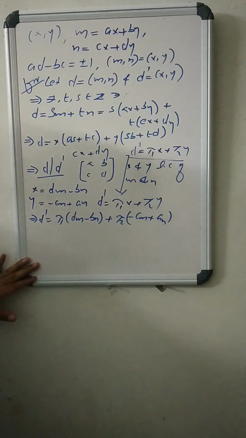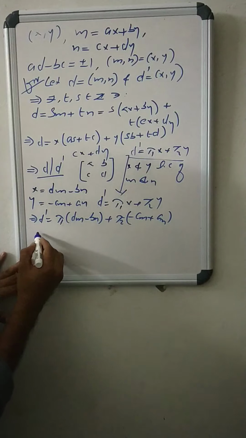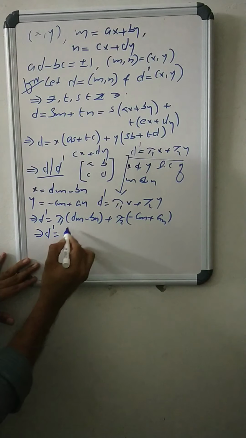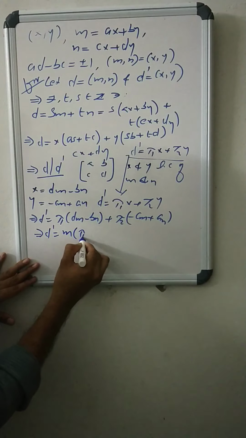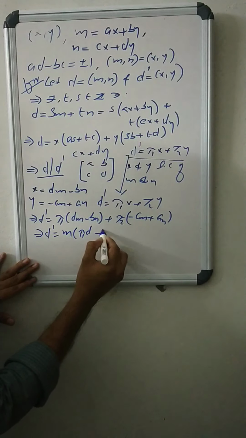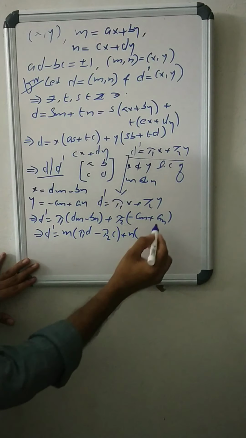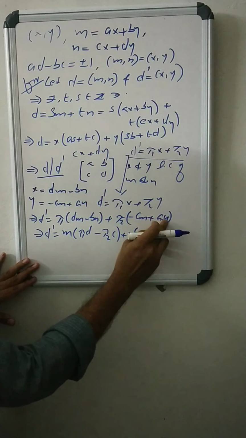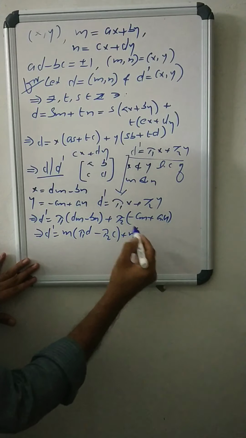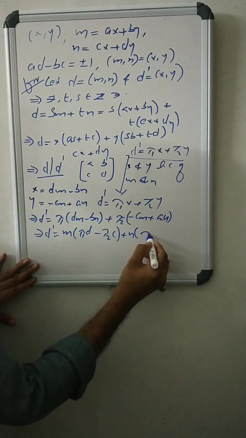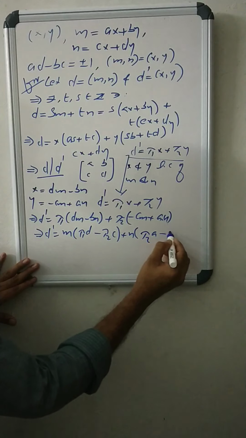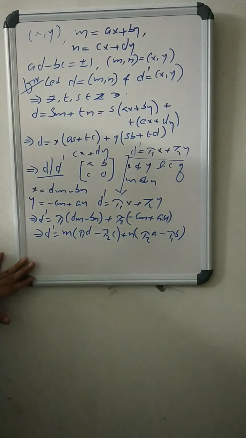So d dash equals lambda 1 d into m minus b into n plus lambda 2 into minus cm plus an. That is, d dash equals m into (lambda 1 d minus lambda 2 c) plus n into (lambda 2 a minus lambda 1 b).